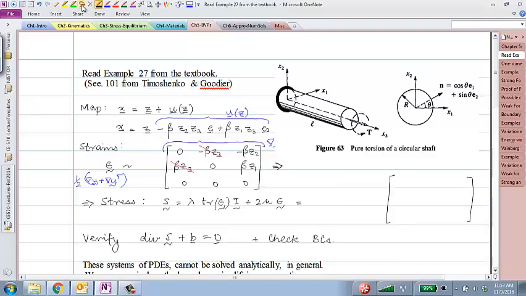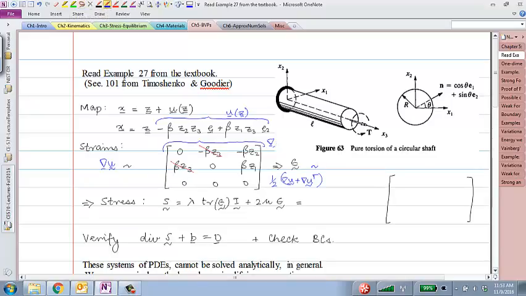I'll write epsilon here and note that this is gradient of u and epsilon is gradient of u plus gradient of u transpose and factor of half.